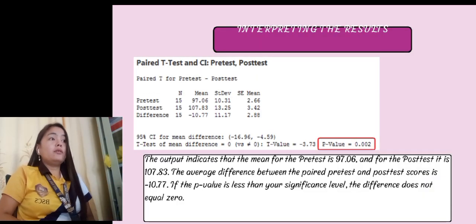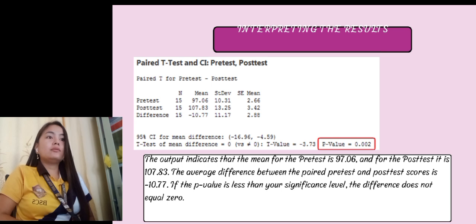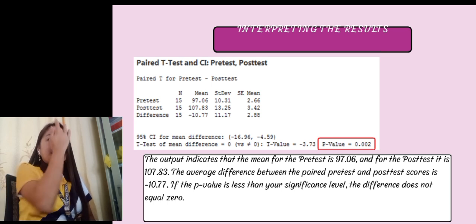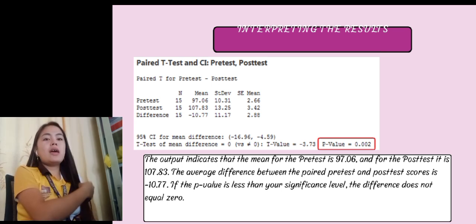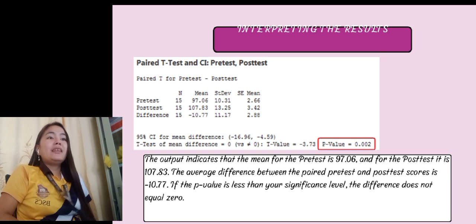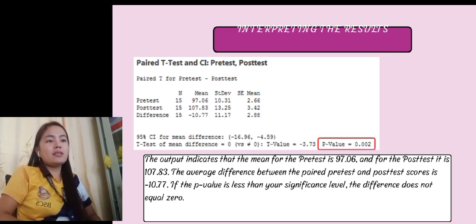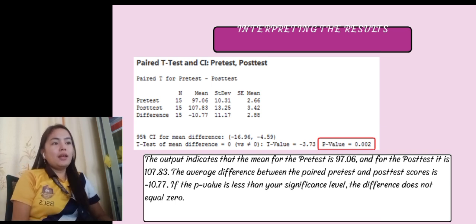So if we're going to interpret the result, pre-test and post-test. For the pre-test, the number is 15, mean is 97.06, standard deviation 10.31, and the standard error of the mean is 2.66.